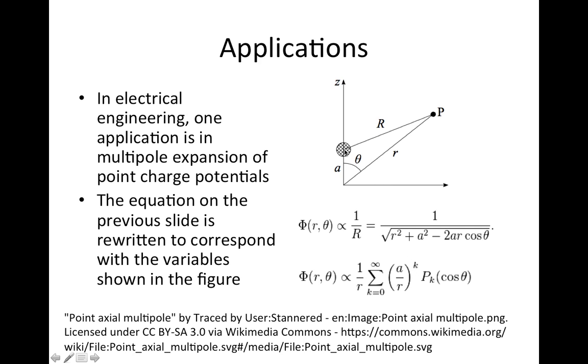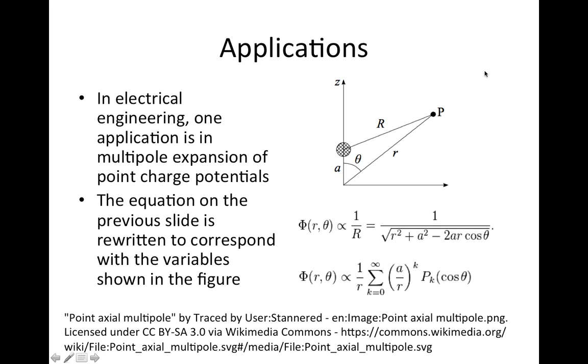Now physically, when a over r is small, the point charge is close to the origin. Because if you're really, really far away, this point and this point look about the same. So if a over r gets small, this charge is essentially at the origin. So you would expect a big contribution from your first term compared to all your higher order terms.